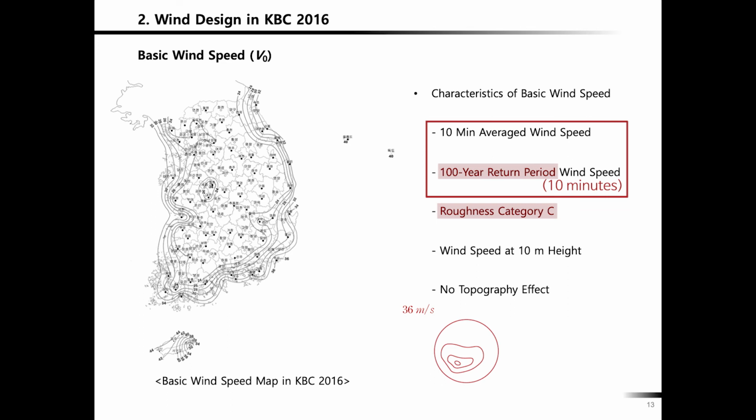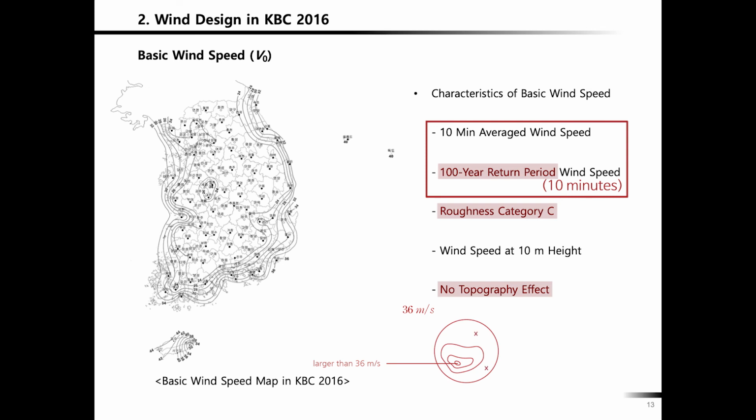Okay, but then right over there, I have a topography effect, so I have to apply a topography factor. So it's going to be larger than 36 compared with this location.